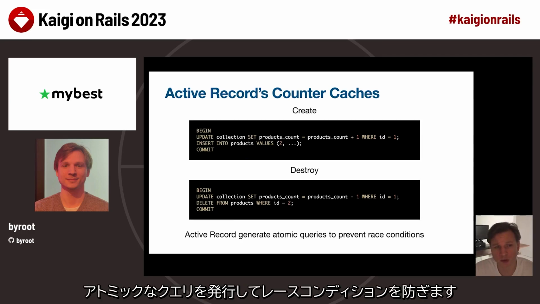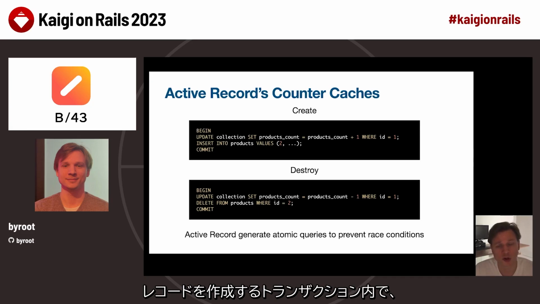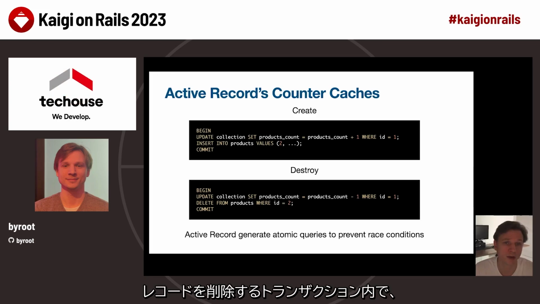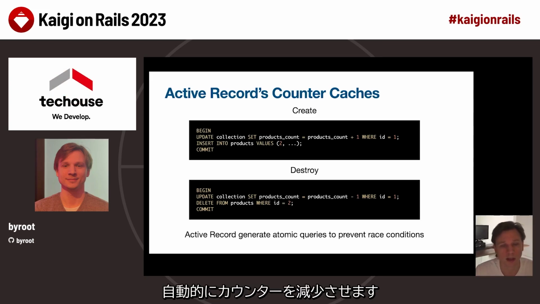Under the hood, it uses atomic queries to prevent race conditions. So in the same transaction in which you create a record, it just emits a query to atomically increment the counter. And when you delete a record, it atomically decrements that counter.